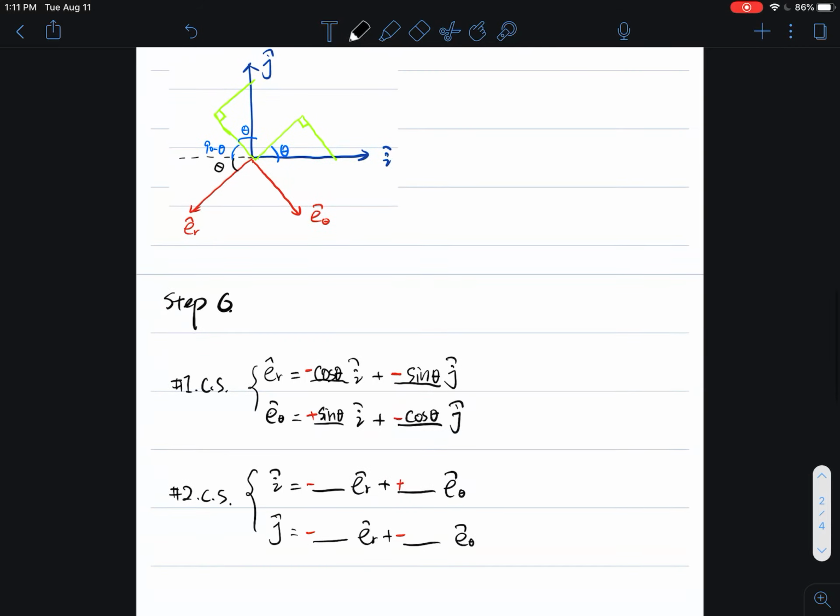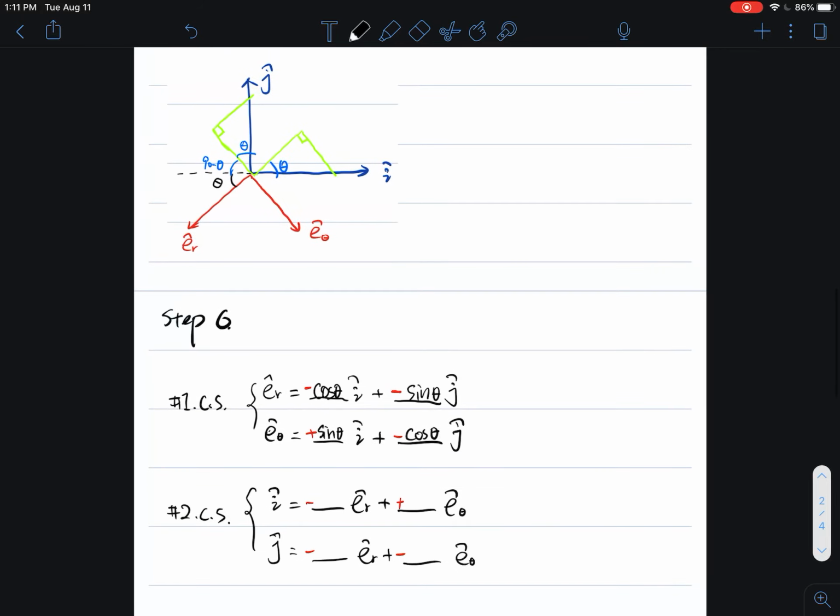Alright, same drill for the second coordinate system. Let's look at the hypotenuse for I first. Consider that's given. It's a unit vector, so the length is 1. If we want to find how much I is in the ER direction, ER is in this direction, we want to find out the length of this edge.